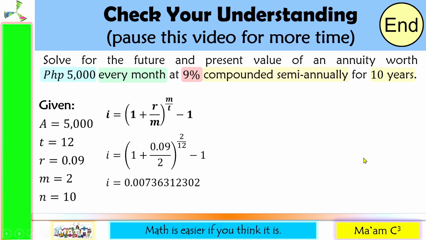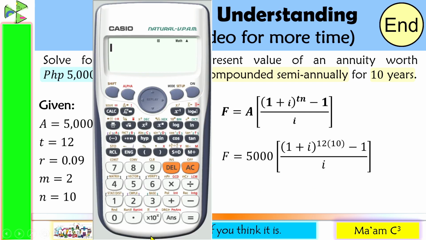Now let us solve for the future value. Let us substitute our values. We have 5,000, open parenthesis, fraction bar, open parenthesis, 1 plus. Our i is stored in letter B, so alpha and then B. Close parenthesis, exponent is 12 times 10.